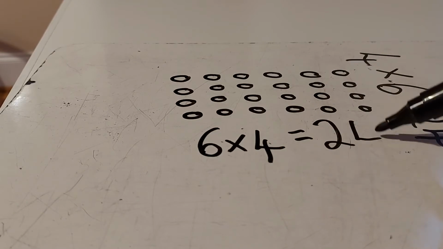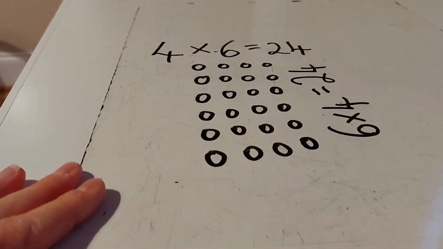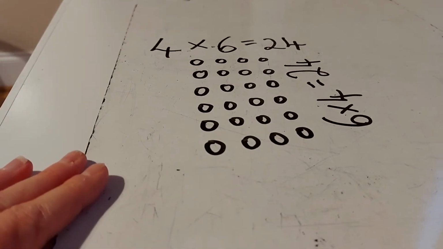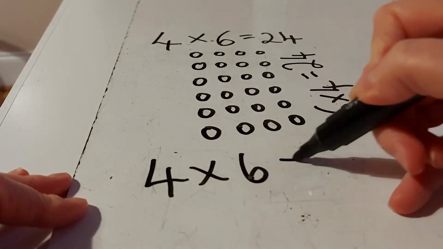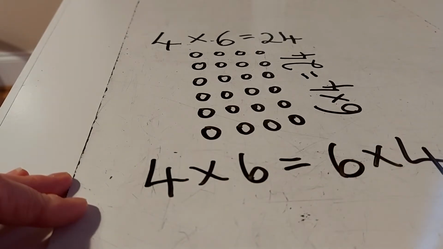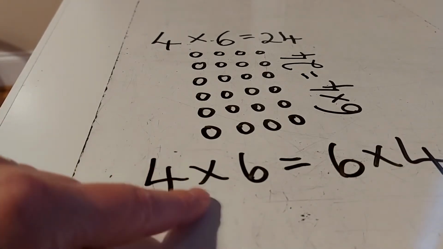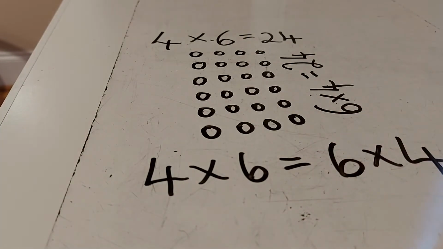And look at that. I have the same answer as I did when it was 4 times 6. So we've actually just learned that 4 times 6 is exactly the same as 6 times 4. 4 times 6 is equal to 6 times 4.